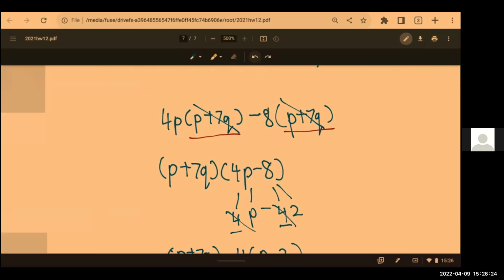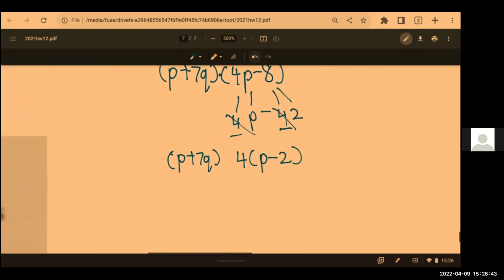What's the operation in between here? Times. Okay, good. So what you're supposed to write there? Times, right? If over there is times, what do you think is here? Times. That's the reason why you cannot put the plus over there, because the operation is times.